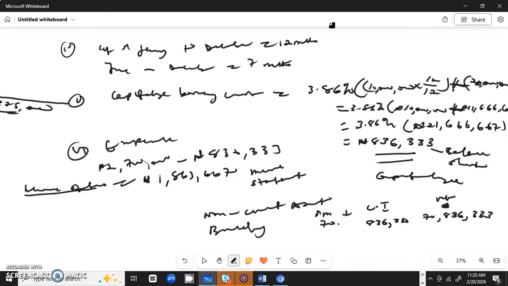So in the income statement, when we have our profit brought down from the trading account, we have less expense.